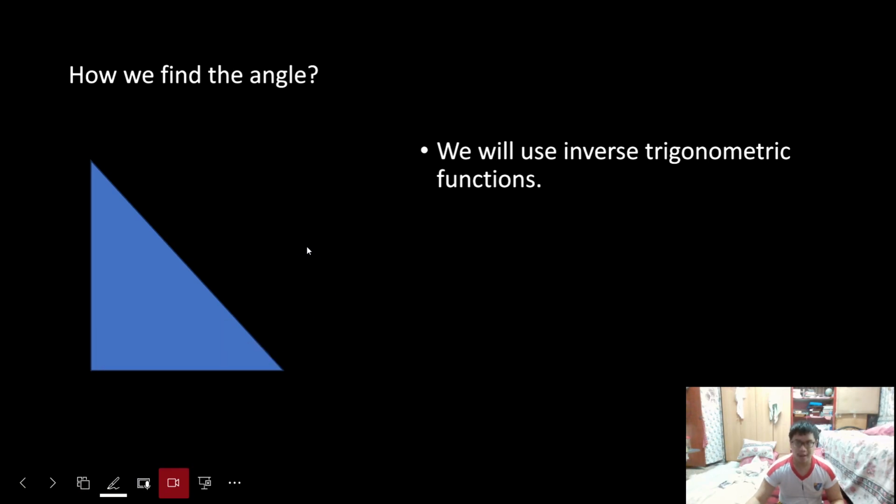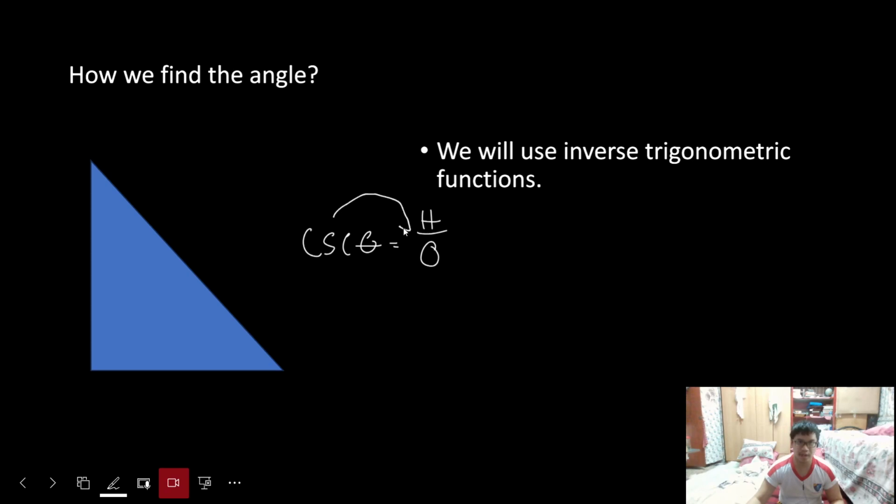Remember that we have cosecant theta, right? Cosecant theta is basically hypotenuse all over O. So if you want to get the inverse trigonometric function, you can do the same thing here.